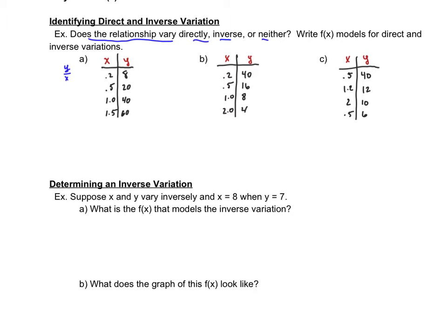So as we look at this, I have 8 over 0.2, then 20 over 0.5, then 40 over 1, and 60 over 1.5, and each one of these is going to be 40, 40, 40.